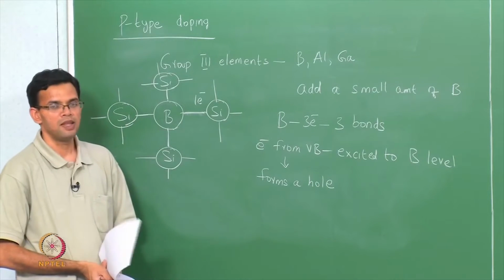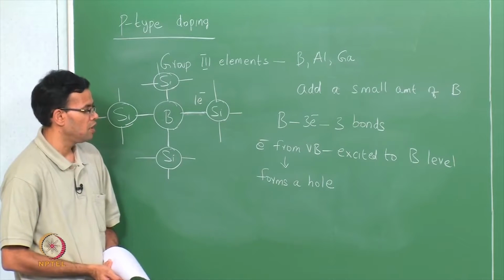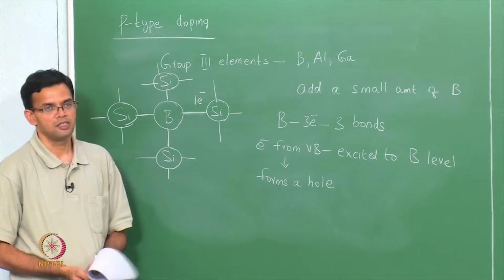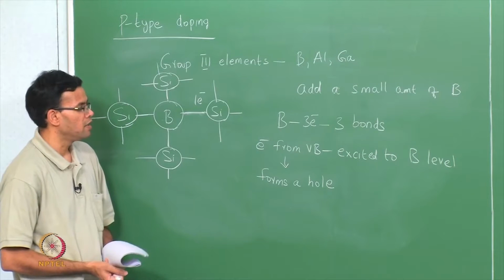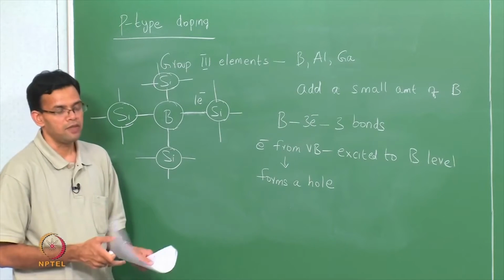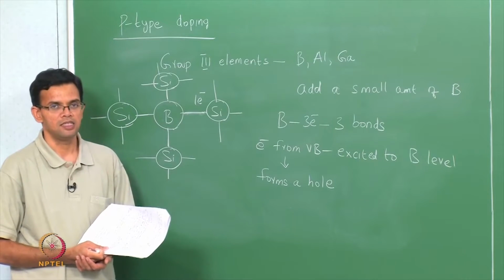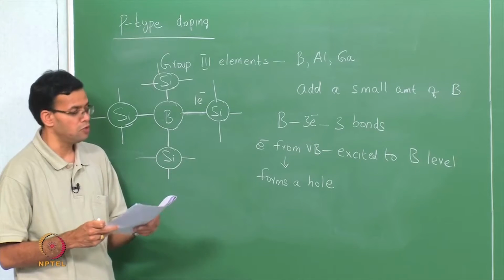We can do a similar calculation that we did for the n-type impurities to look at the ionization energy, that is the energy required to excite the electron from the valence band to the boron level. If we do that, once again we will find that the energies are the order of milli electron volts.